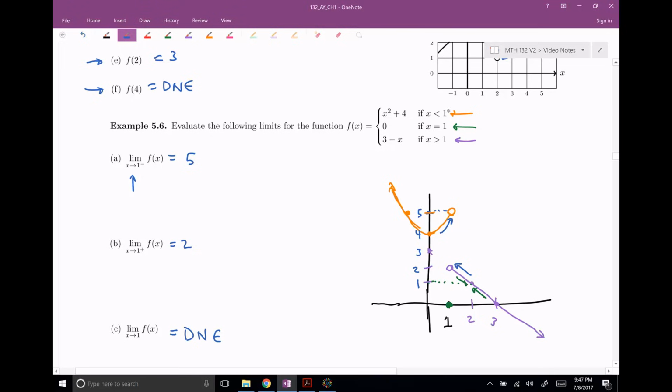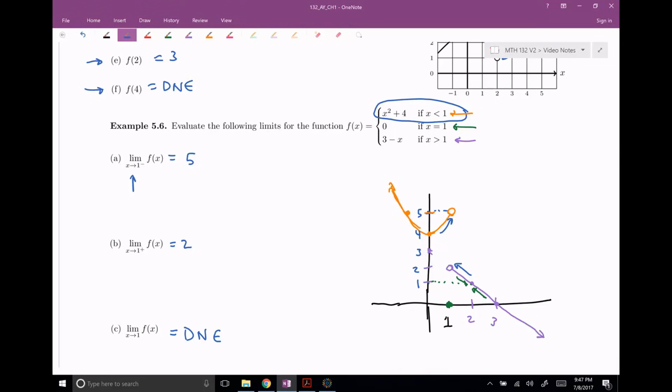So then I'm up here on this first line, because I'm less than 1. To the left of 1 is less than it. All right, so I'm approaching 1. I'm trying to basically plug in 1. I can't plug in 1, but imagine plugging in something very, very close to 1. It might as well be 1. If you plugged in 1 here, 1 squared would be 1 plus 4. That would equal 5.